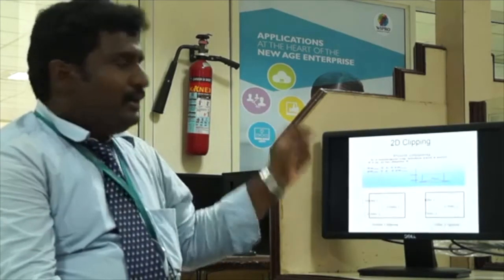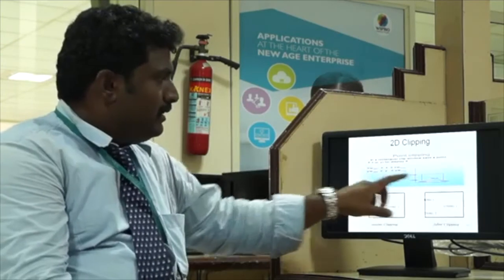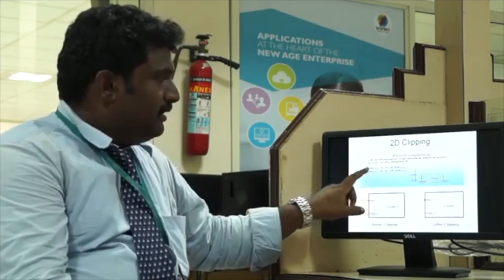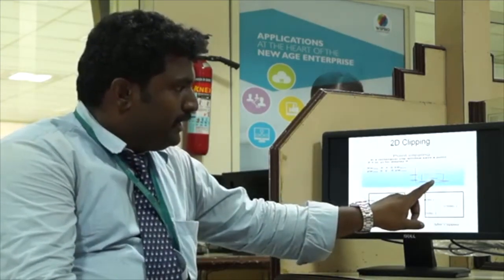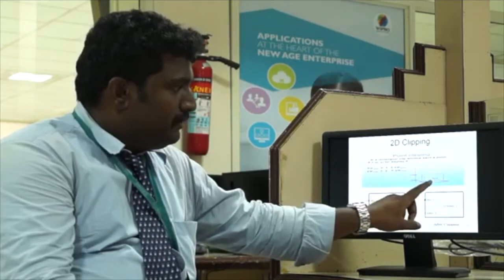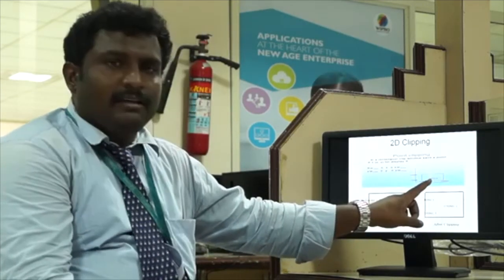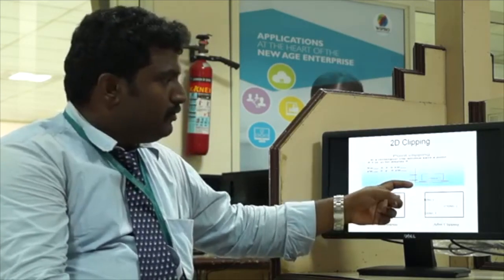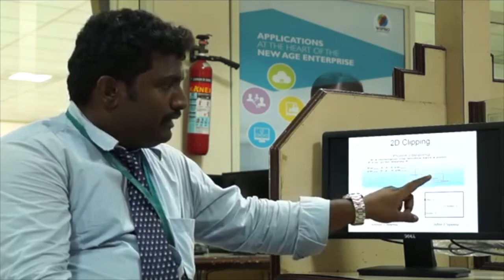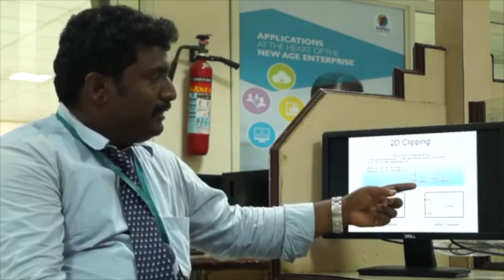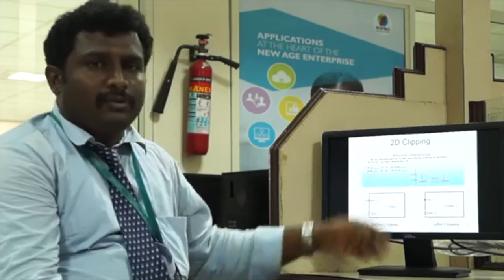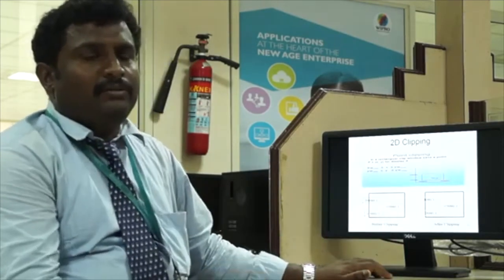For example, I will be using these two conditions to ensure whether the point lies inside or outside the clipping window. The X value should be greater than XW min and less than XW max. Similarly, the Y value of the point should be greater than the minimum and less than the maximum of the window size. Then the point lies inside the window.